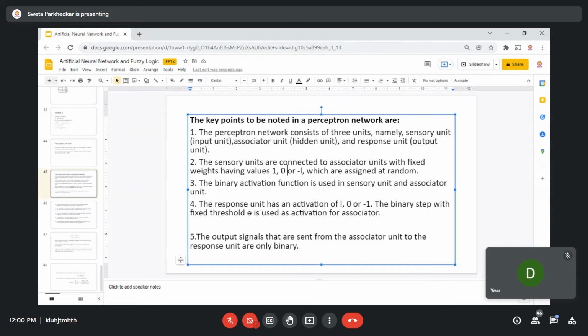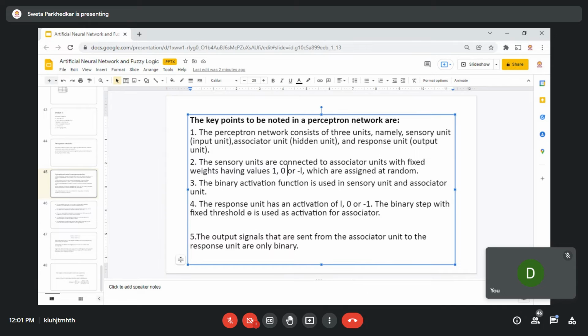When it connects to the hidden layer, it will have a fixed value of 1, 0 or -1, which are assigned at random. It is fixed, assigned at random.